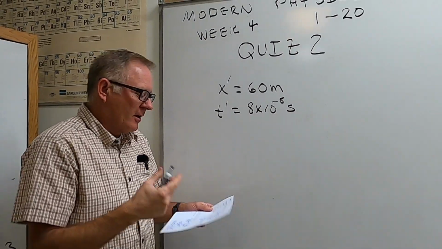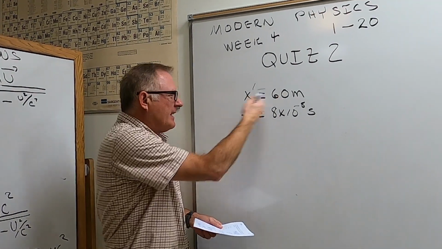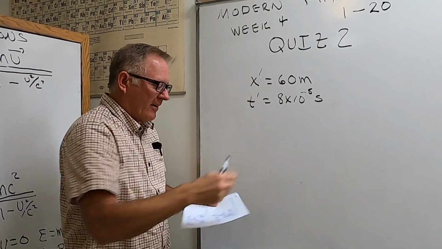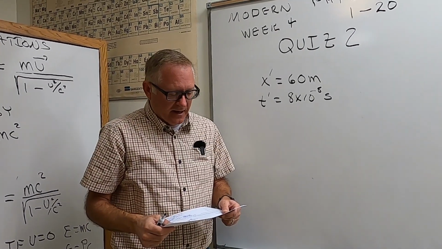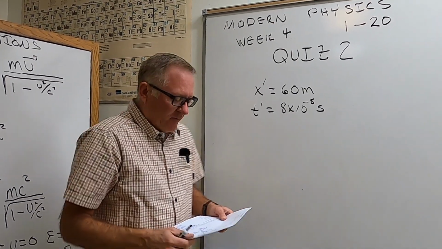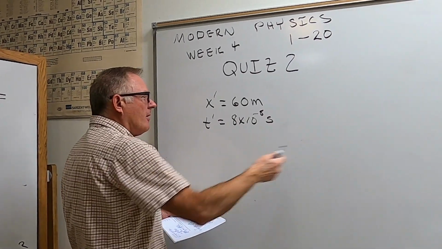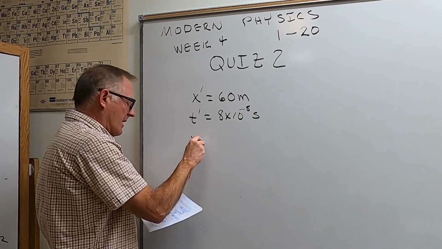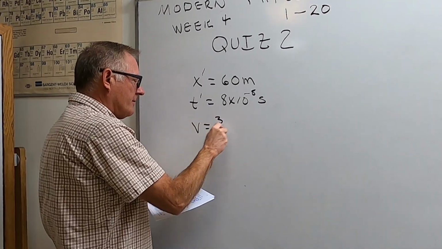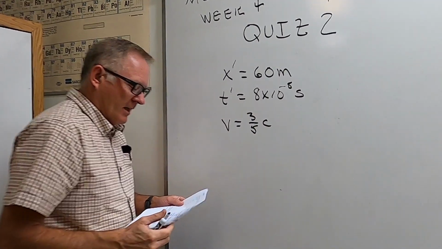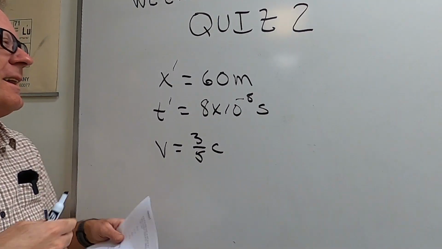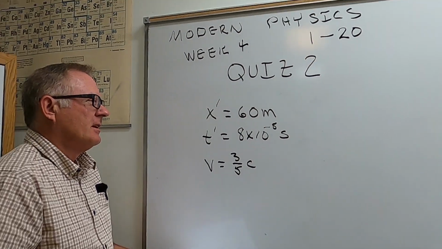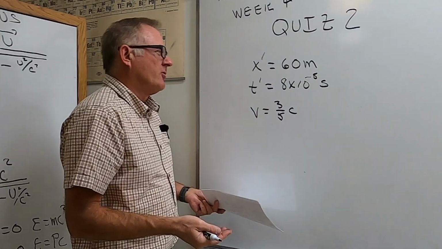So some event occurred at this x and this t. I could have plotted it out on the Minkowski diagram. And Mary's frame is moving at a velocity of 3/5 c. And we just wanted to know, what is the x position in Frank's frame of this?